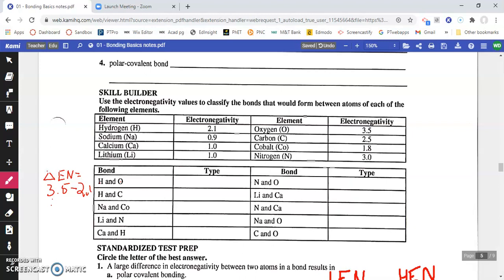So you get 1.4. That puts you in the polar covalent range. So that means that the type of bond we have is polar covalent. And the dipole is going to go from the lower electronegative to the higher electronegative. So your dipole would go from hydrogen to oxygen. So you can just draw the dipole over the bond like that. Okay?